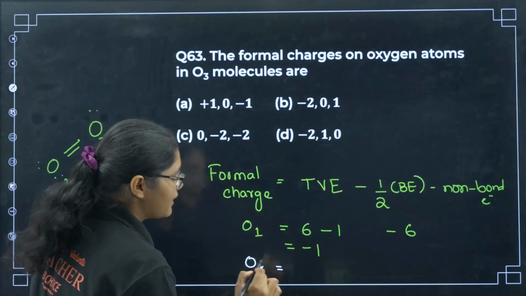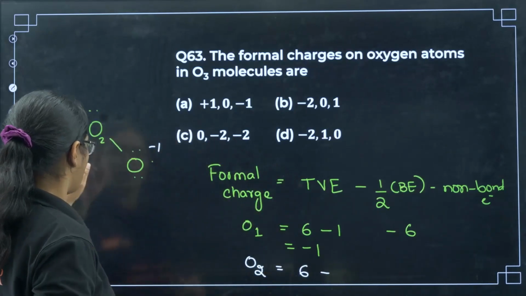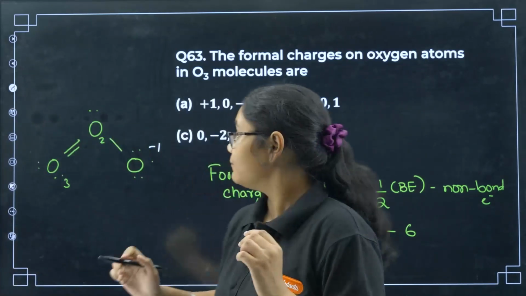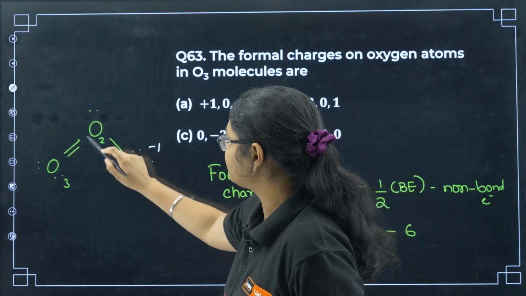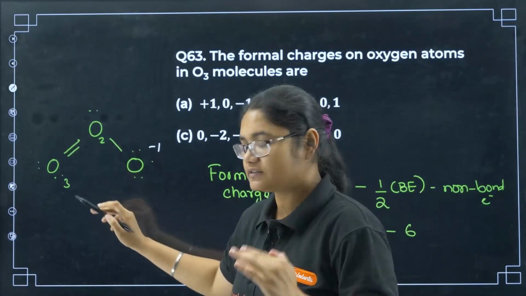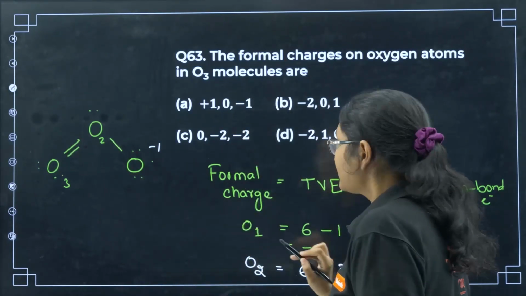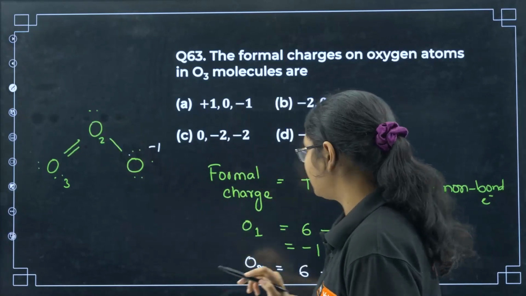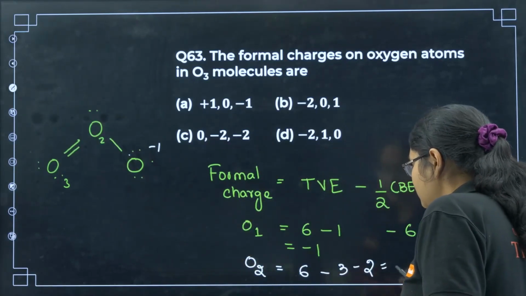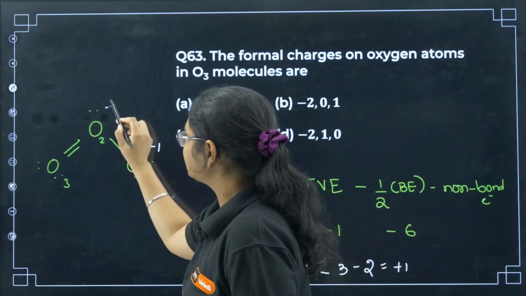You can see the valence electron is 6. Now how many bonding electrons are there? Bonding electrons are 1, 2, 3, 4, 5, 6, right? So 6 by 2 gives me 3, and non-bonding electrons are 2, so minus 2, so that is equal to plus 1. So this charge is plus 1.